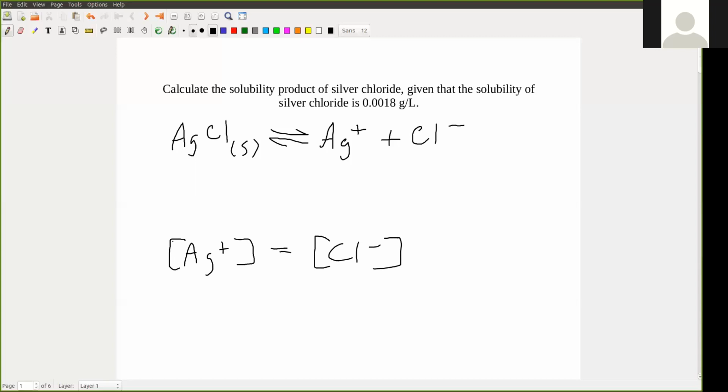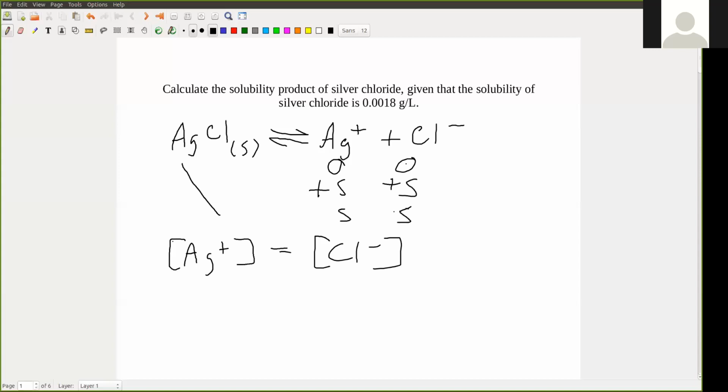You could also set up an ice table, but consider that in an ice table, regardless of the scenario, you're never going to consider the solids. So you would only consider your ions. So if we say plus S and plus S, then these are both considered S.